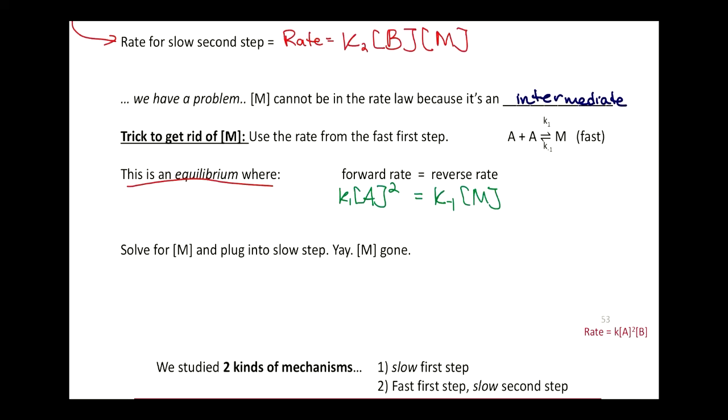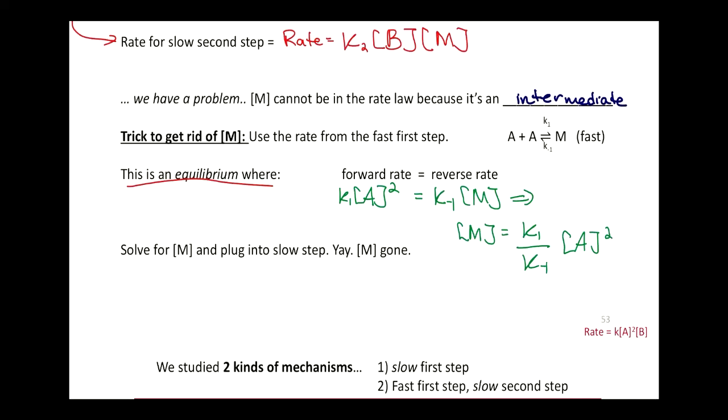So this is useful to us because now we can rearrange this and get an expression that has M in it. If I rearrange this and isolate M, I get that M is equal to K1 over K negative 1 times A squared.